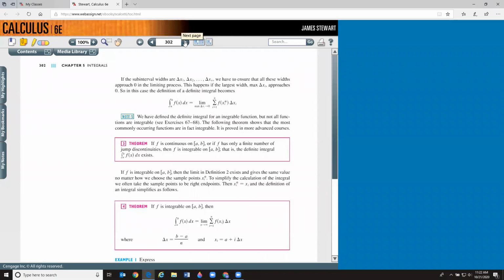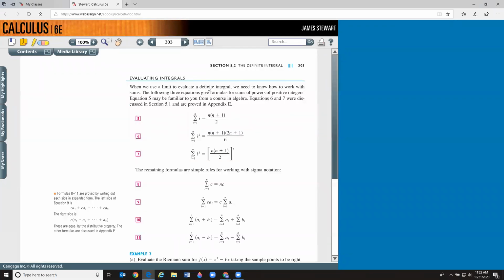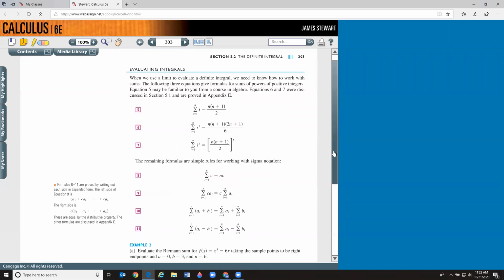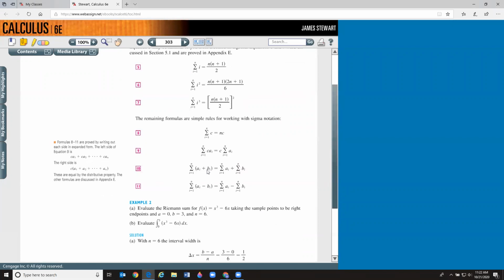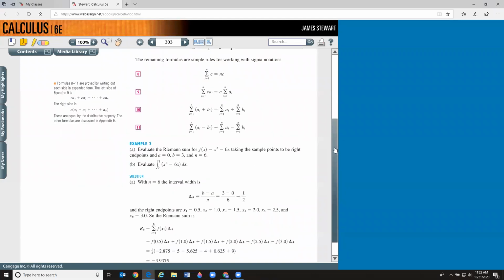And from there, these formulas that I was talking about for the sum of i squared, sum of i cubed are there. The formulas for sigma notation we've already discussed. You can divide summations up across addition. You can divide them up across subtraction. Constants can be moved out front. That's been discussed previously, right?